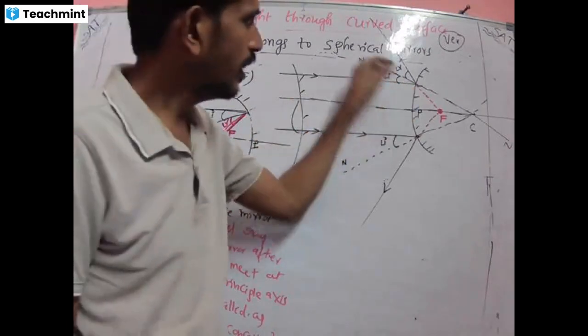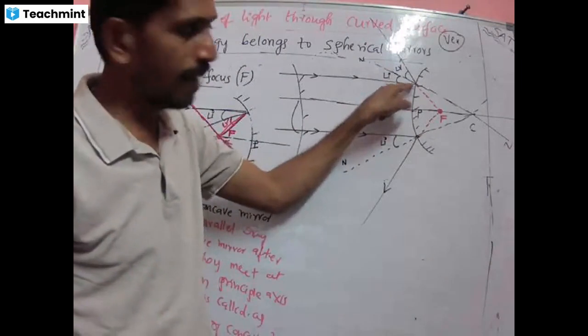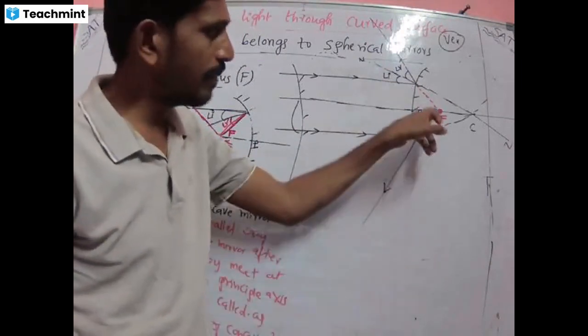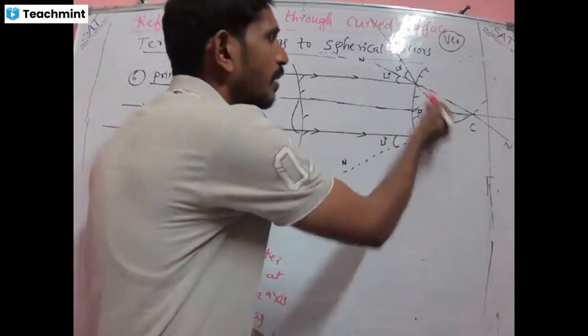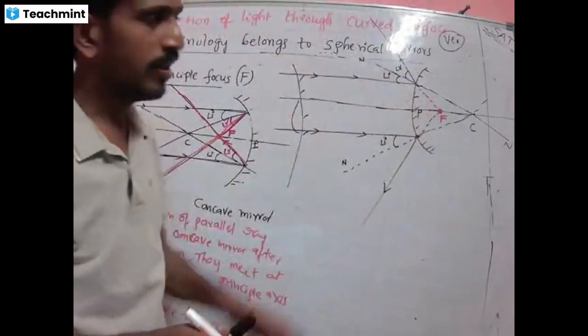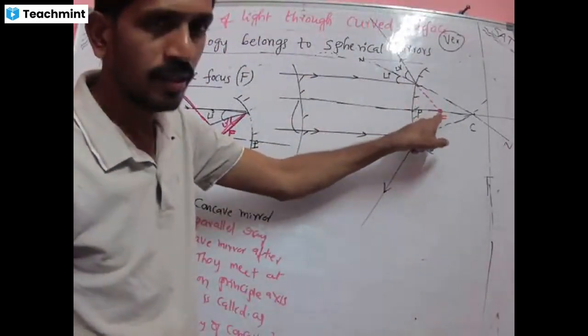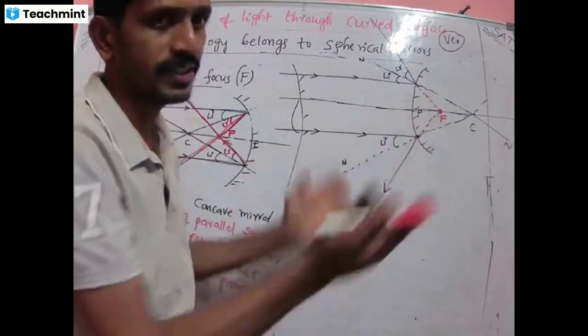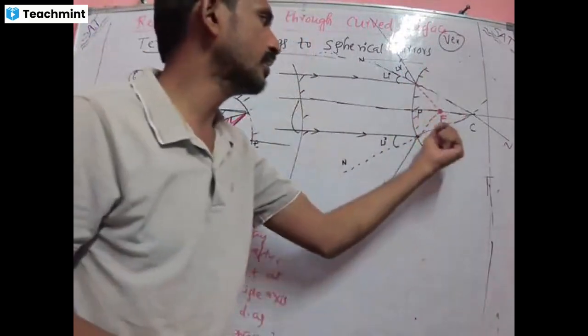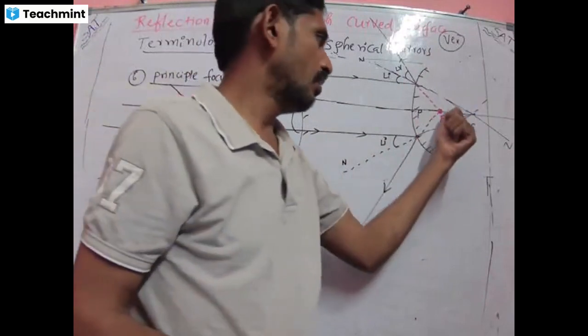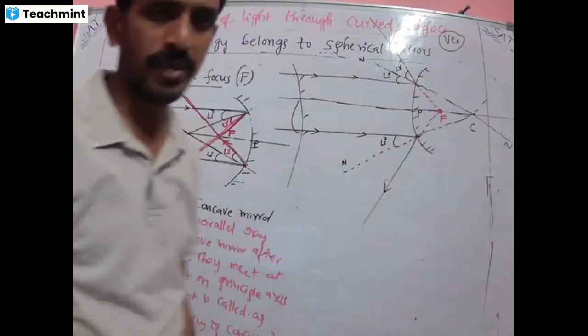In this case, the reflected rays appear to diverge from the focus and spread out. They appear to meet at a focus. That point is called the principal focus of the convex mirror.